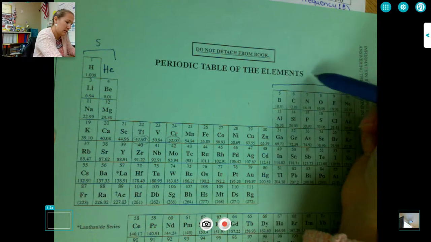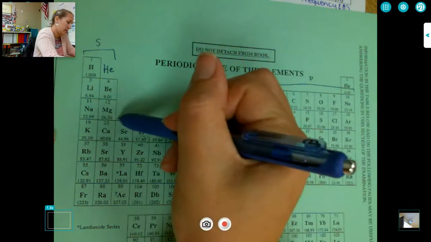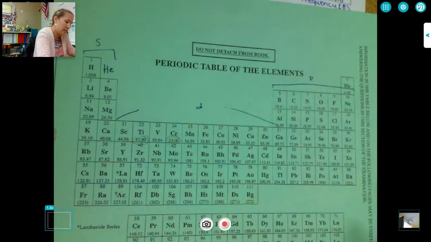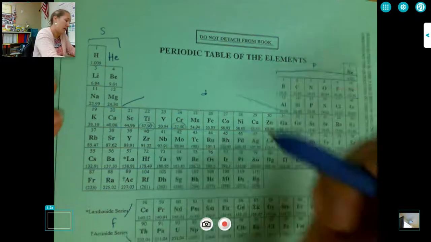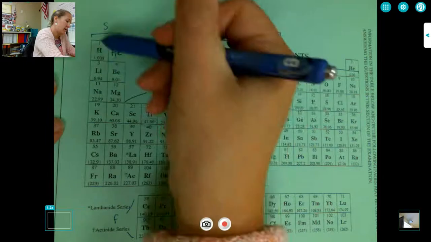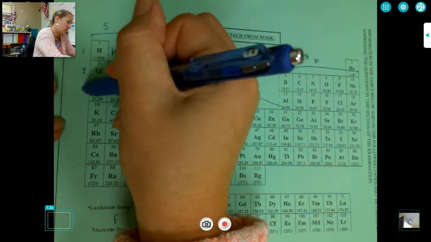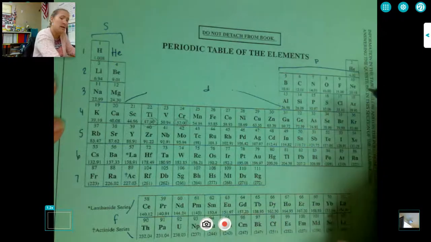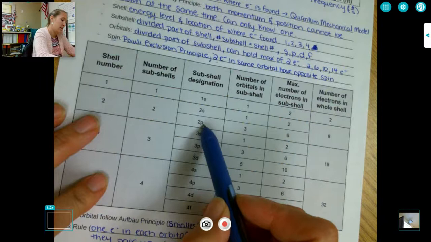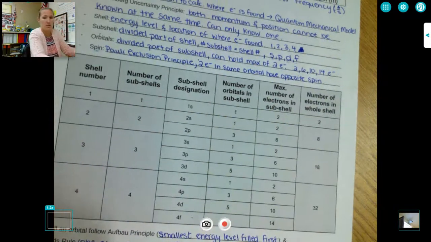Here is my P block. In the middle is my D block. And then this is my F block. Remember that electrons or energy levels going out for S is 1, 2, 3, 4, 5, 6, 7. P is the next energy level, and we can see that here, right? My P starts at 2.